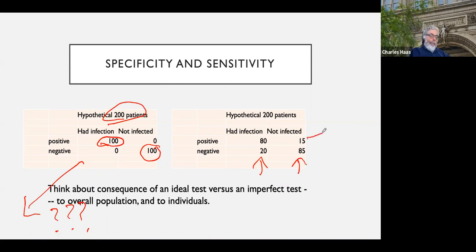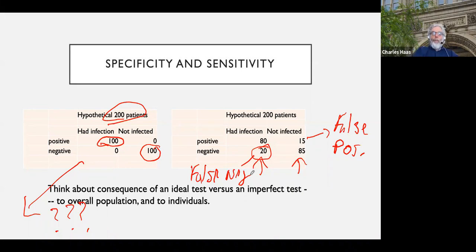So this would be a false positive. This would be a false negative. And what you need to think about is what the consequence is of having an imperfect test to the individual, to society, if we make a decision and we don't have a perfect test.